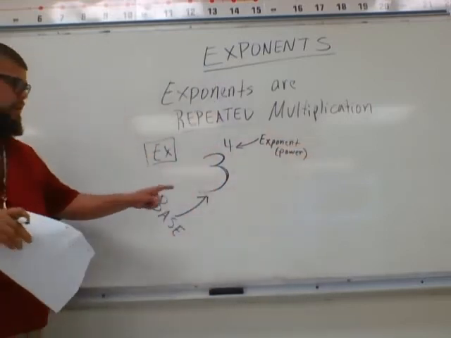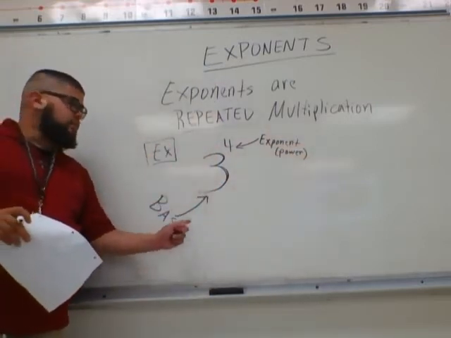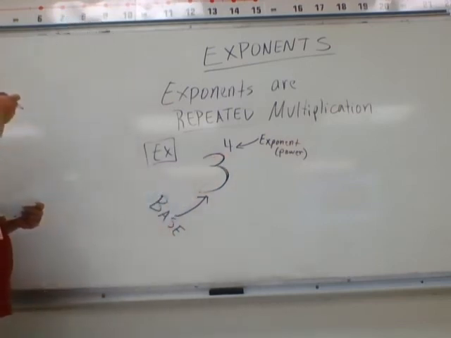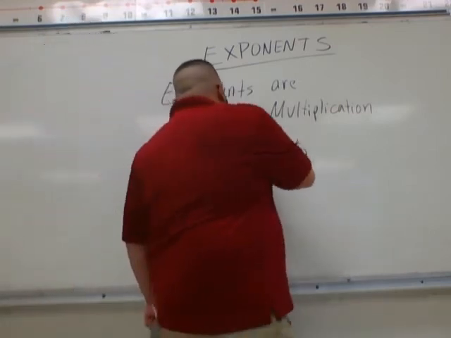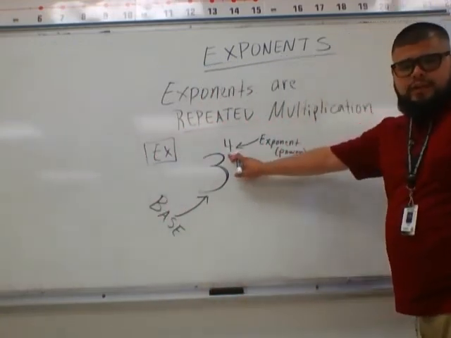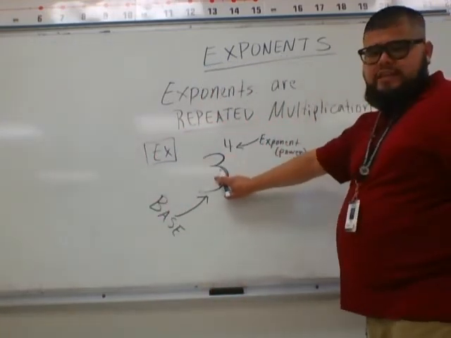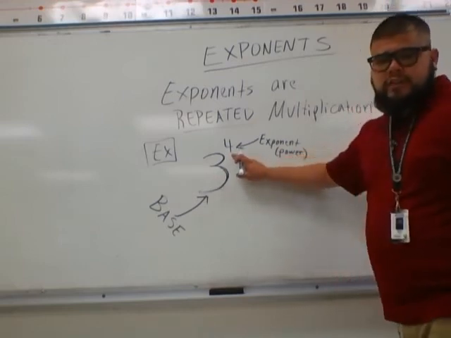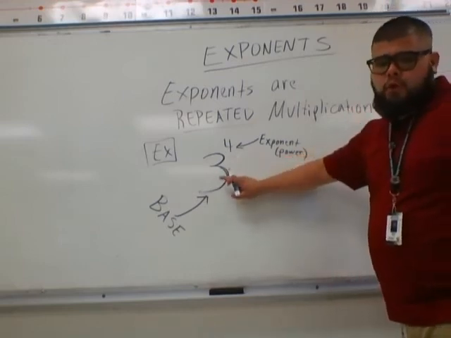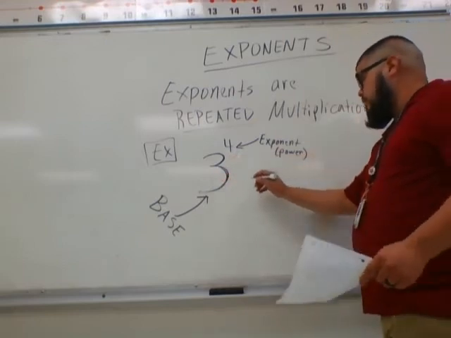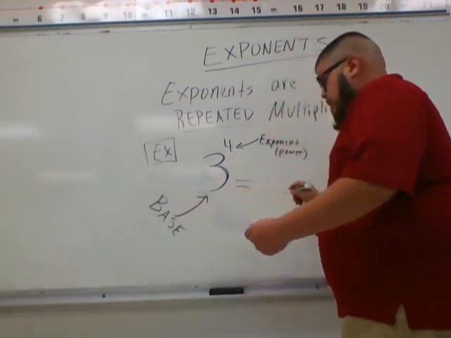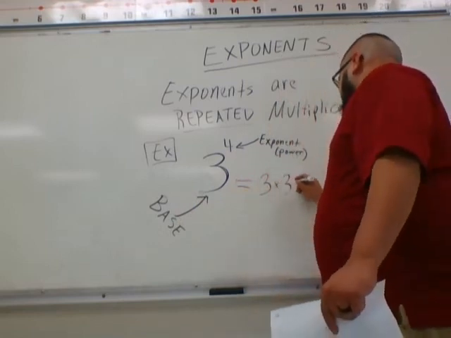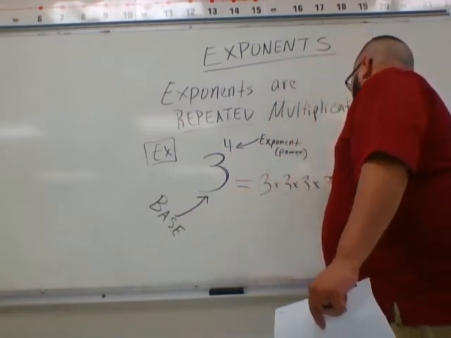So again, we call the big number the base, the little number the exponent. Now, the exponent tells us how many of the base there are. So again, the 4 tells us that there are 4 3s. And so this is actually equal to 3 times 3 times 3 times 3.